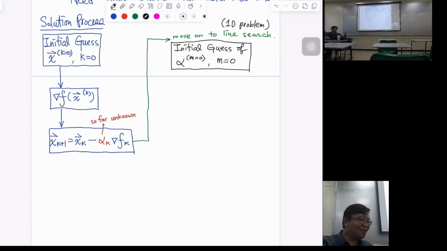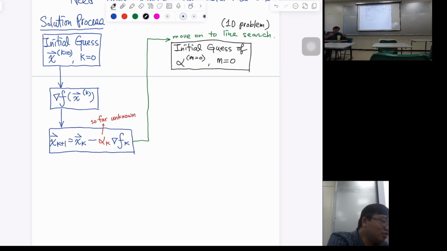But Newton is troublesome when it's multivariate. When there's a lot of variables, you need to do a lot of derivatives. But when it's one-dimensional, it's okay. So I will use one-dimensional Newton's method to solve for the line search, only for the line search. Okay? So how do we do that?